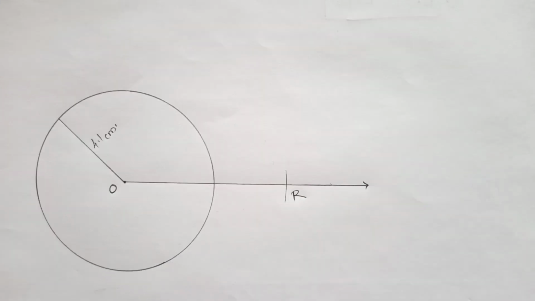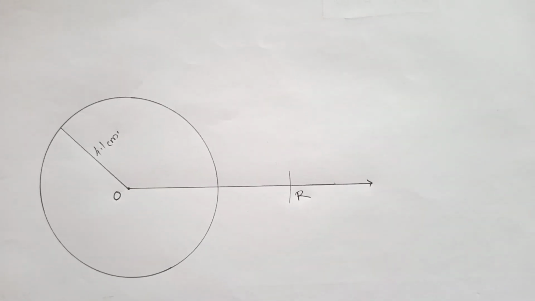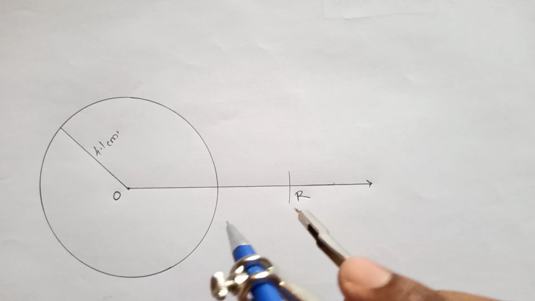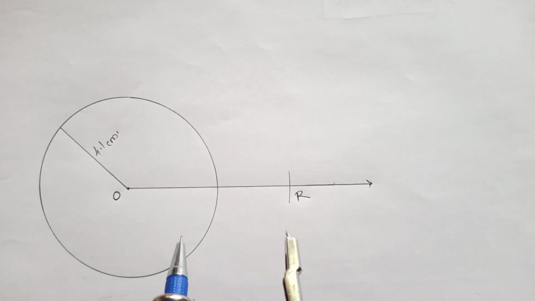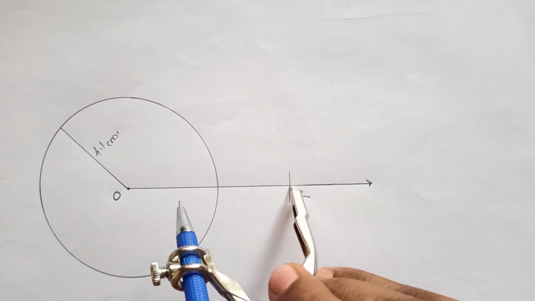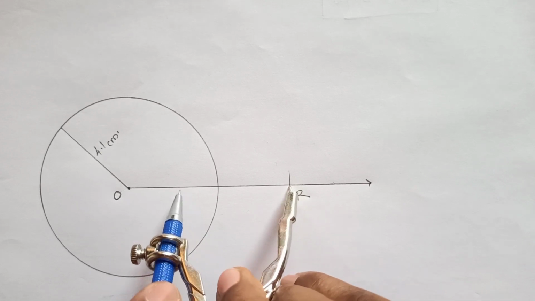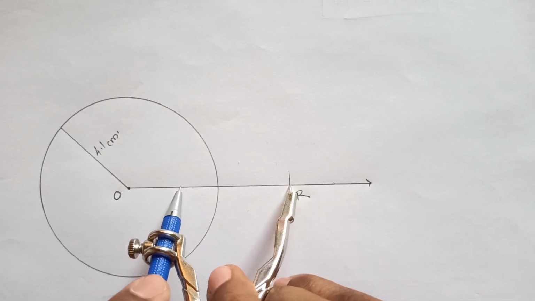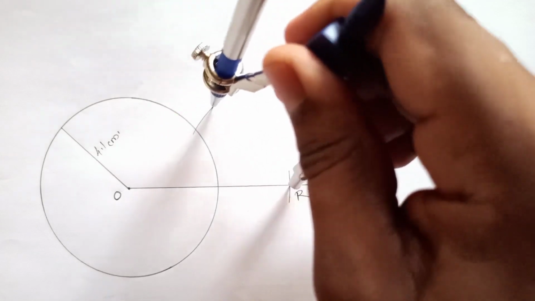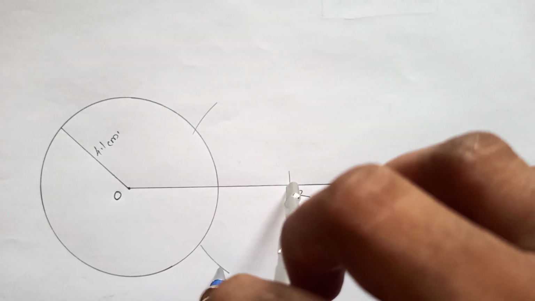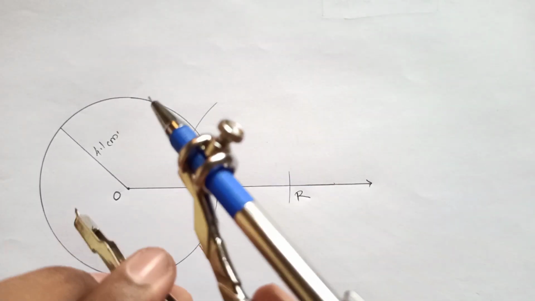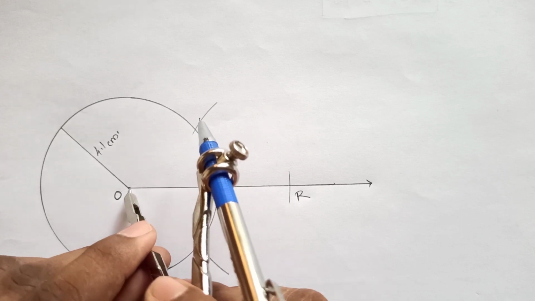Okay, now we will draw the perpendicular bisector of this OR. And we know how to draw the perpendicular bisector of this OR. So take more than half the distance of this given segment OR, one arc to this side, second arc to the opposite side. Okay, now don't change the distance, keep it as it is.